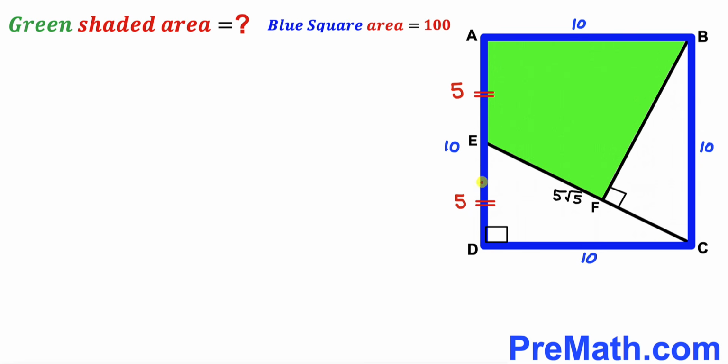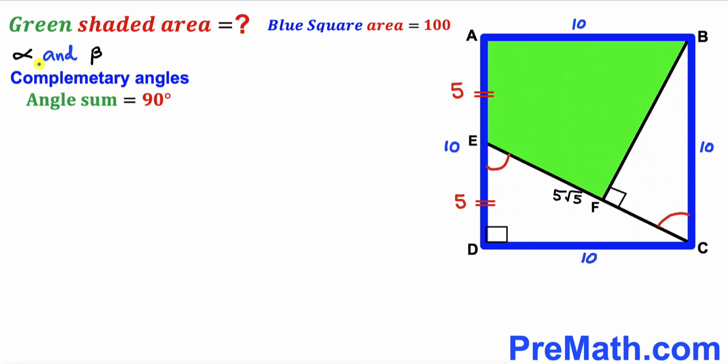Now let's make an observation. We can see that this angle is going to be congruent to this angle. They are alternate angles since this side length is parallel to this side length. Now let's assume that alpha and beta are two complementary angles, in other words, the sum of angles alpha plus beta must be equal to 90 degrees.